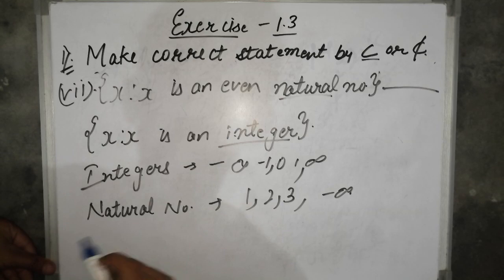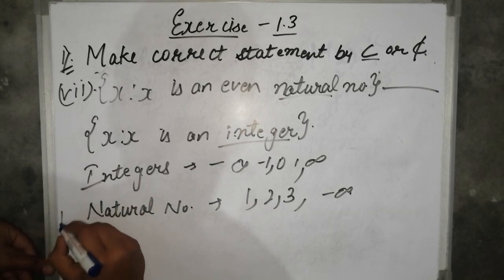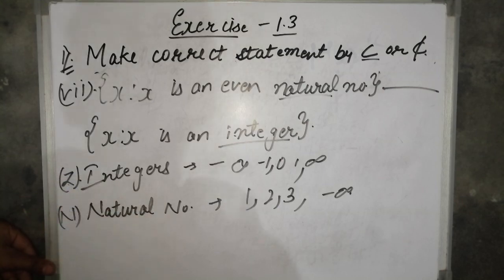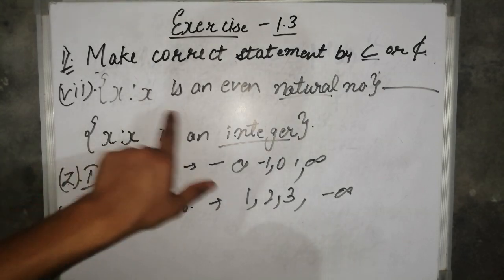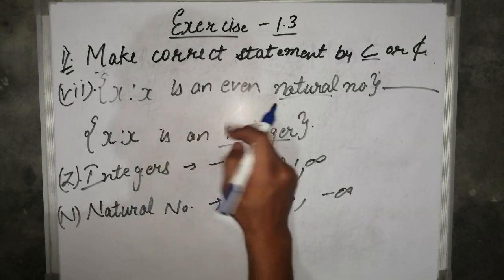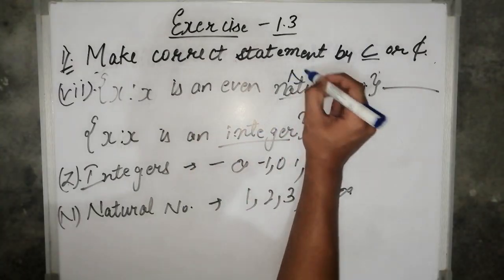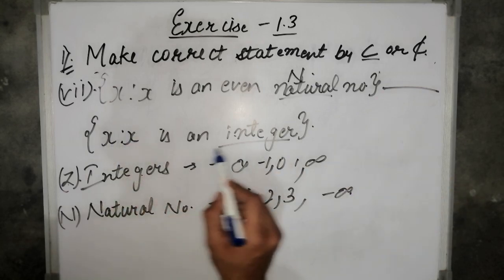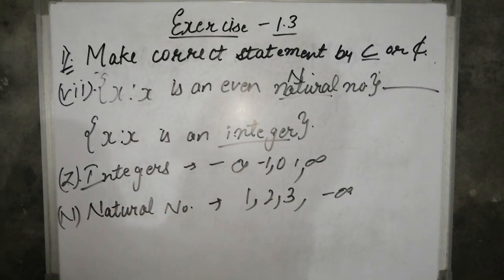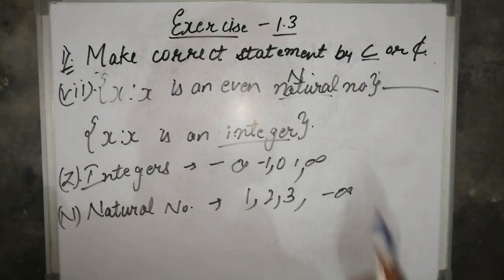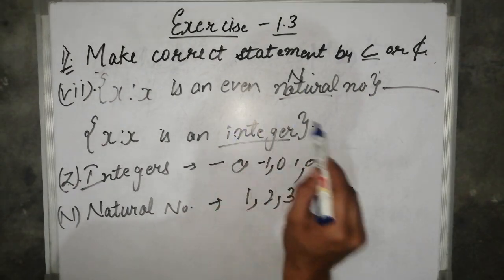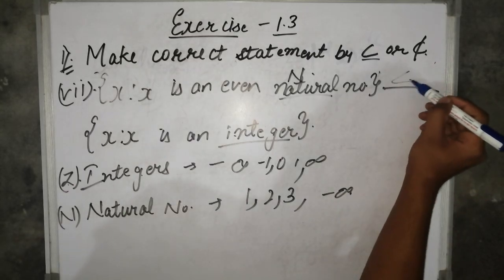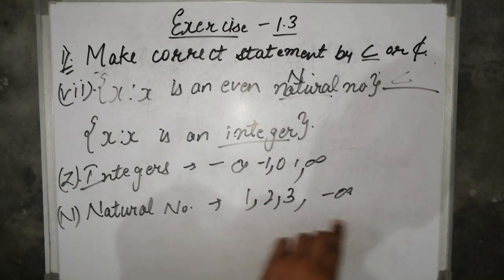Students, don't be confused: natural numbers are represented by N and integers by Z. Here subset will come, because 1, 2, 3 come in this category.